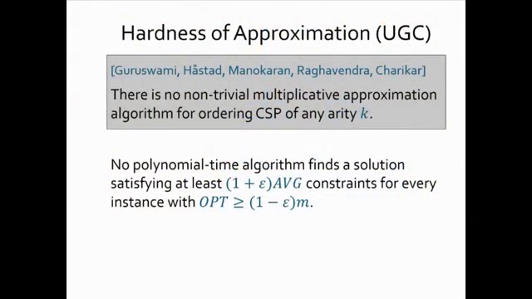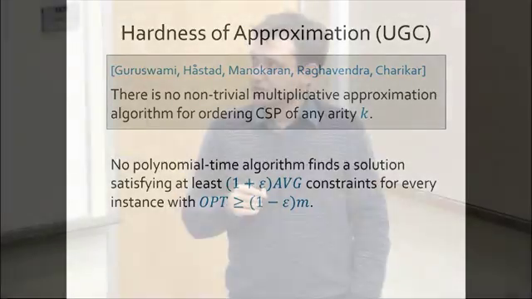On the negative side, Goswami, Hosted, Manakaran, Raghavendra, and Charikar showed there is no non-trivial multiplicative approximation algorithm for any ordinary CSP of any arity k. So unlike assignment CSPs, there is no better approximation algorithm for any ordinary CSPs.